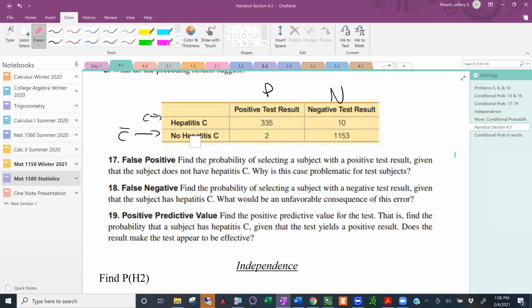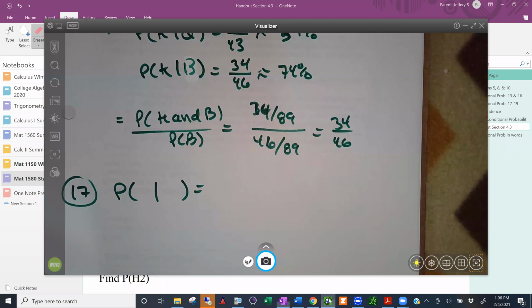While we're waiting, see if you can think of the notation I'd use for the first part of this. It says, find the probability of selecting a subject with a positive test result given that the subject does not have hepatitis C. So by the notation, what I'm looking for is: probability of what given what?